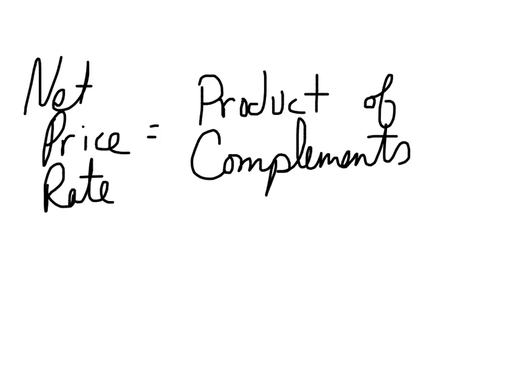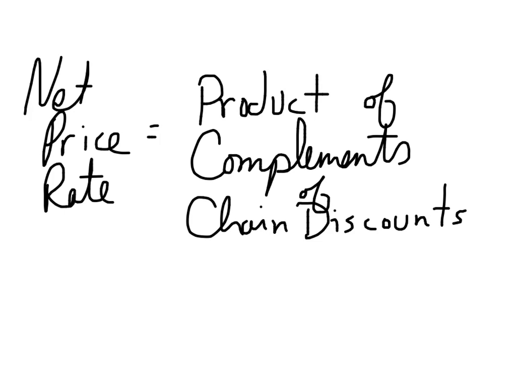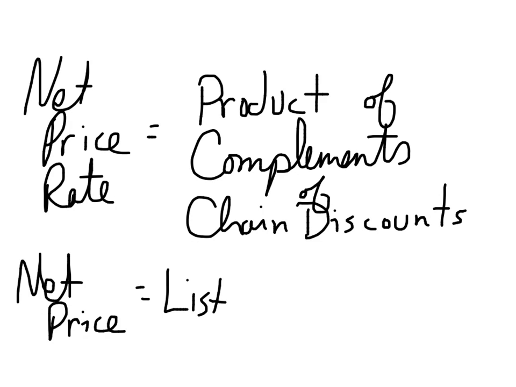The product of the complements of the chain discounts. And then to find the net price, you take the list price multiplied by the net price rate.